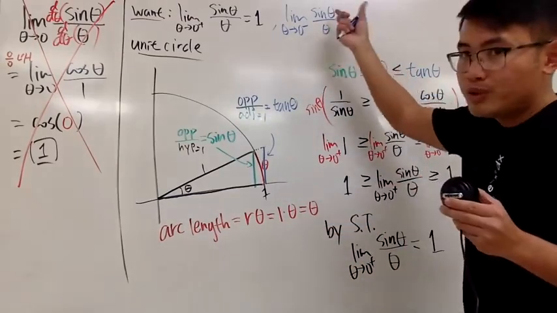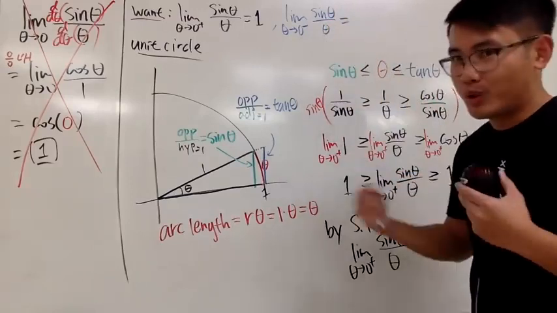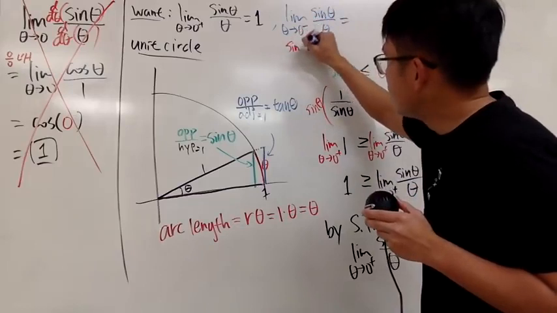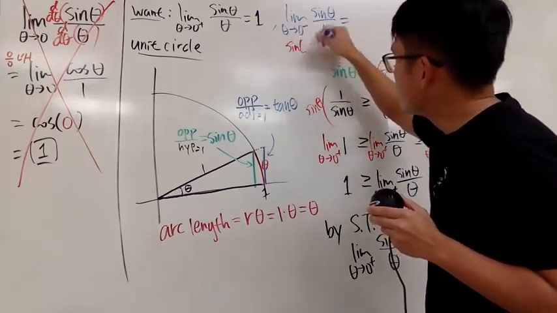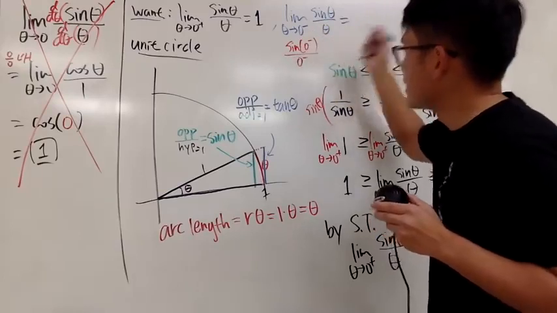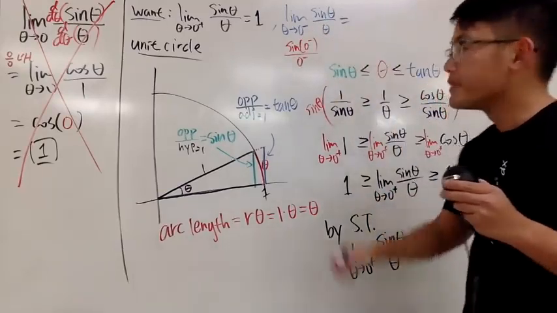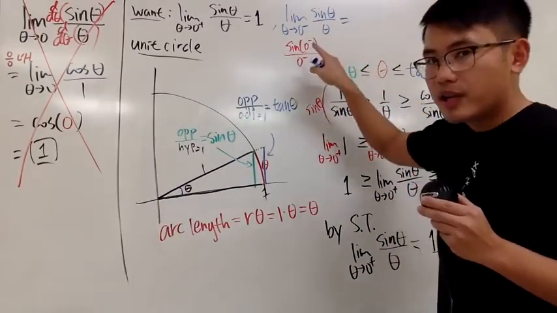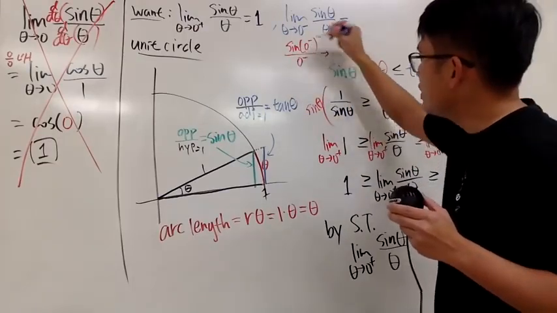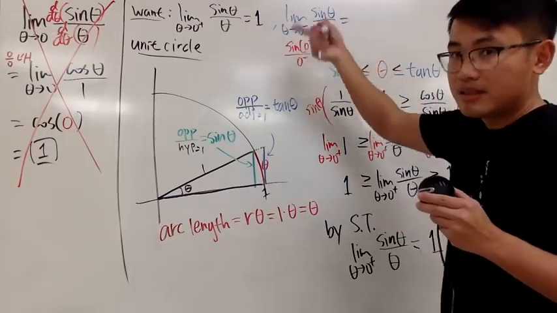So what you can do, depending on how much work you want to show, is look at this as sine of 0 minus, and then on the bottom you have 0 minus like this. Well, sine is an odd function. This right here is a negative number. So you can just take the negative on the outside because sine is an odd function.